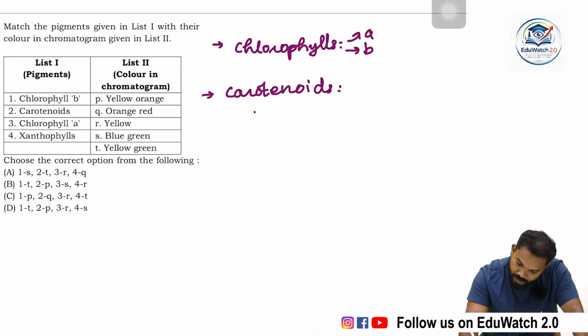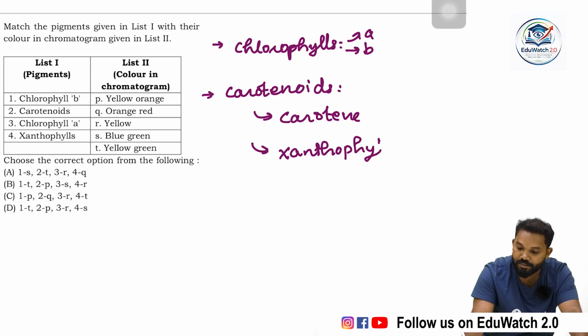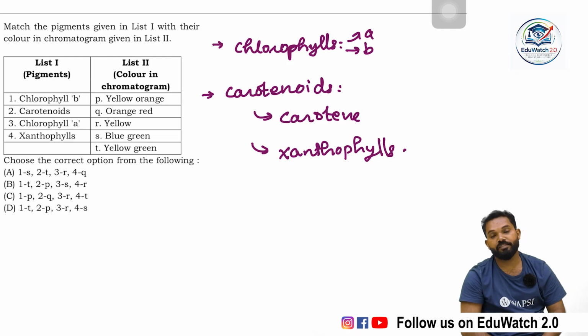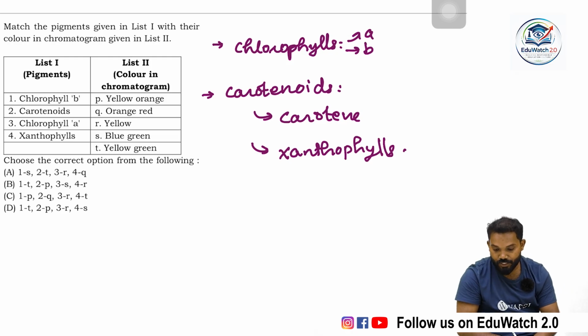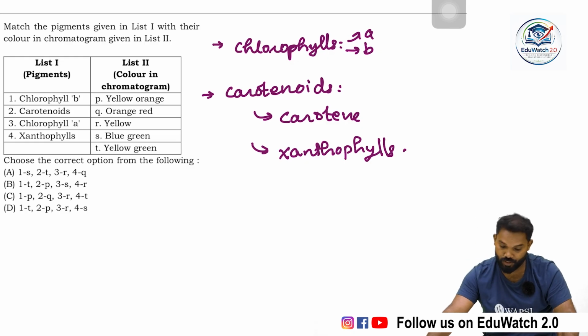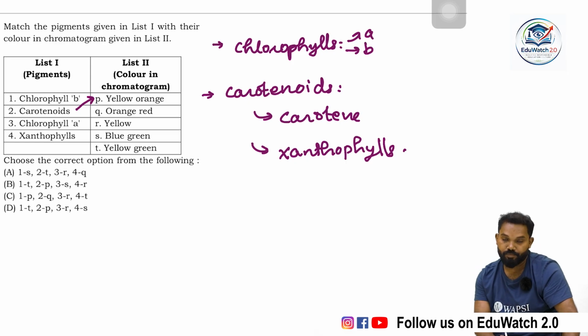Generally, these carotenoids are categorized into two groups, carotene and xanthophylls. Daucus carota, that is the carrot. Carrot color is orange, yellow orange. Carotene is yellow orange.